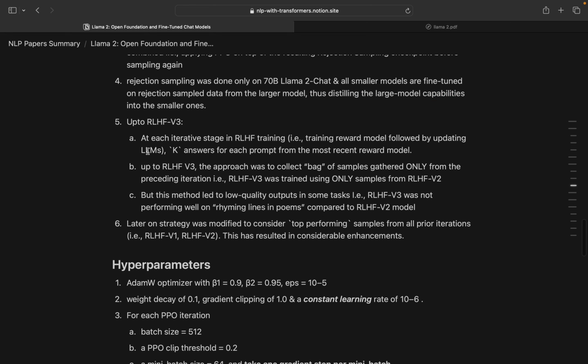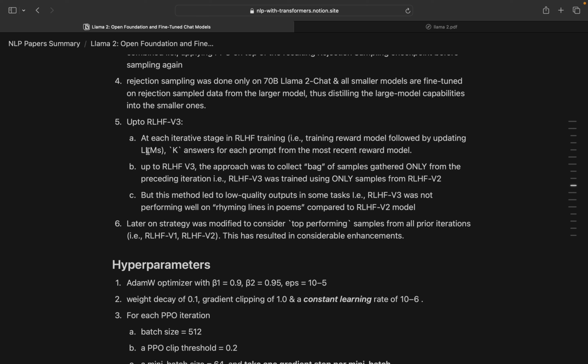There is also something they mentioned on what happened while training RLHF V3. Every time they got data from the people, they trained RLHF V1, V2, V3. Every time they did rejection sampling, until V3, they used to take only the previous version's rejection sampling and then do the training.